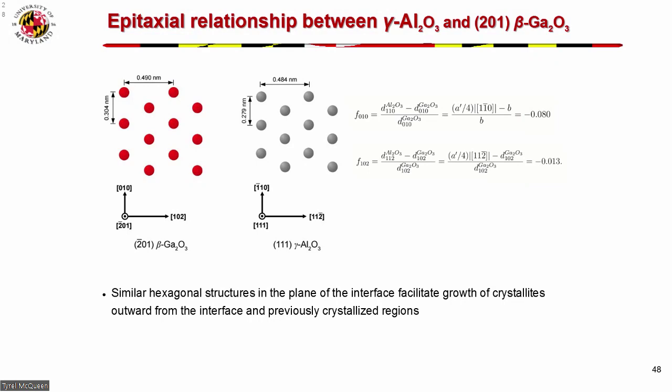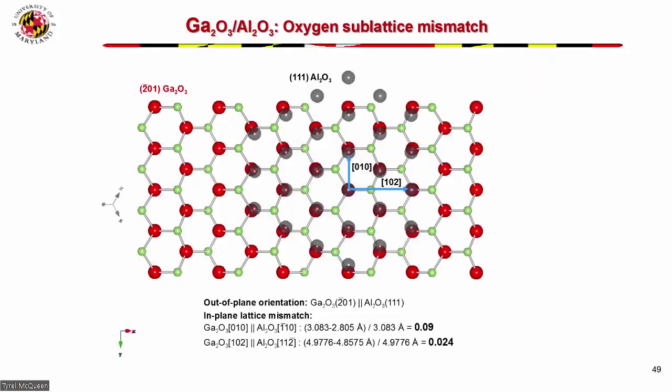So the 102 of gallium oxide is parallel to the 11 bar 2 of aluminum oxide, and the 010 direction of gallium oxide is parallel to bar 110 of aluminum oxide. So this is basically the same thing, just putting the layer of gallium oxide with the bar 201 surface and the aluminum oxide with the 111 surface, and it's a pretty close structure.